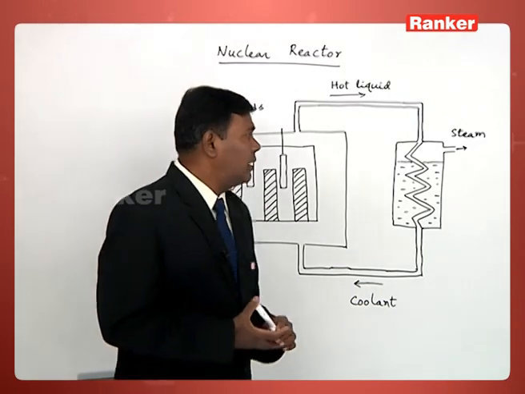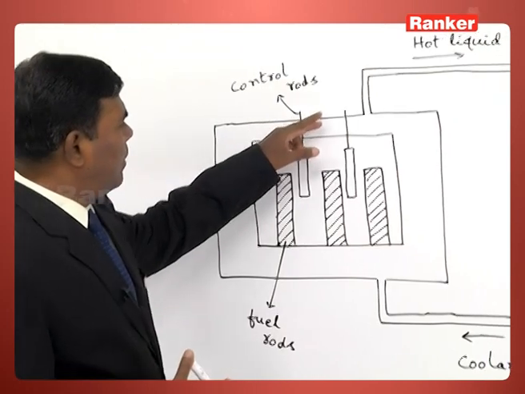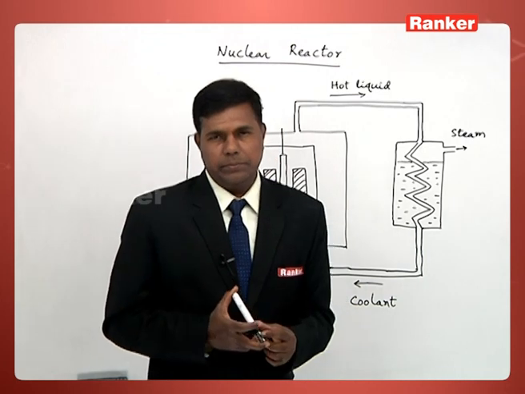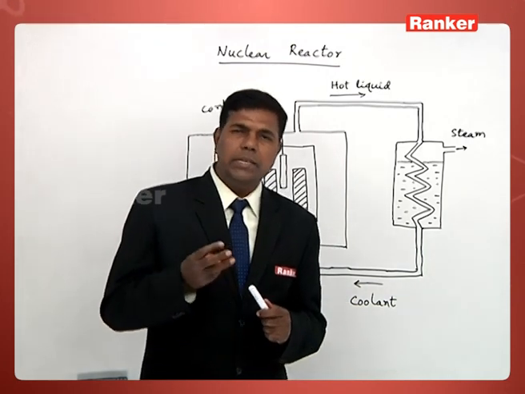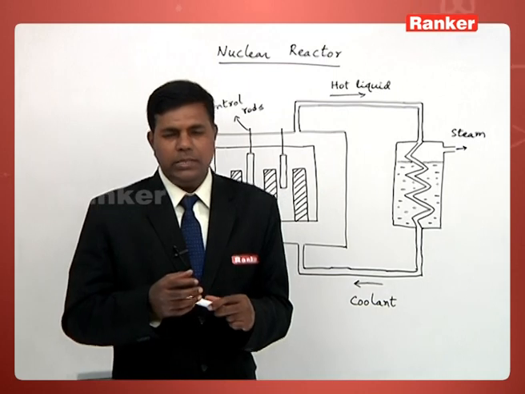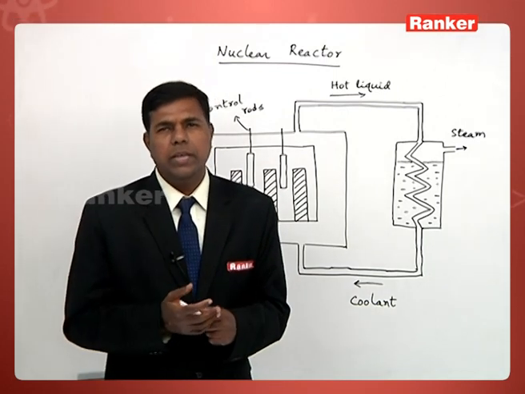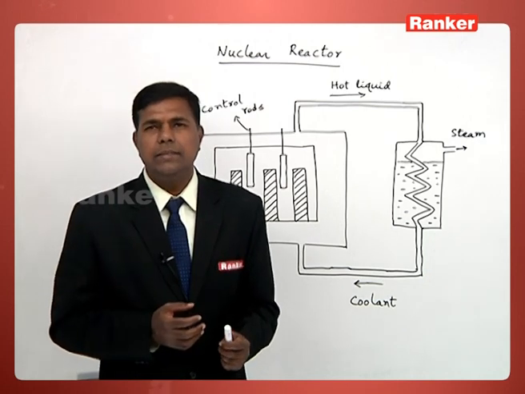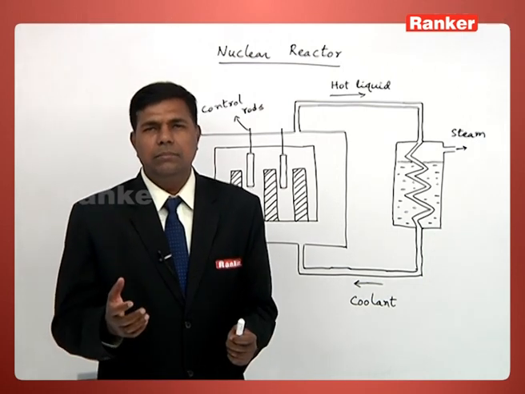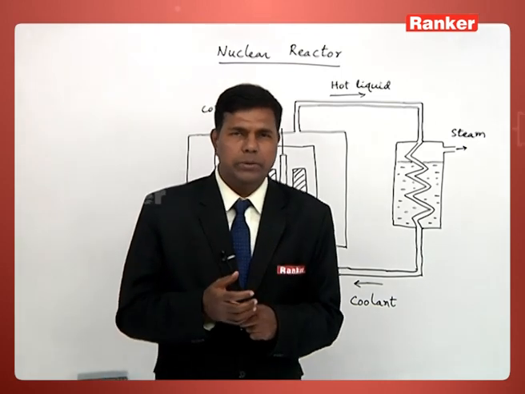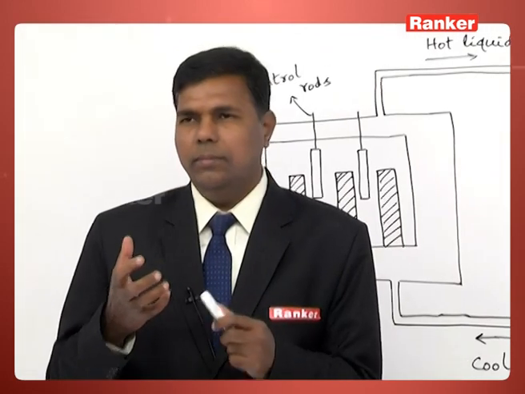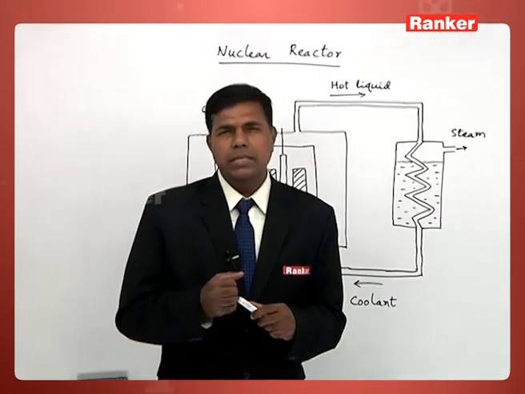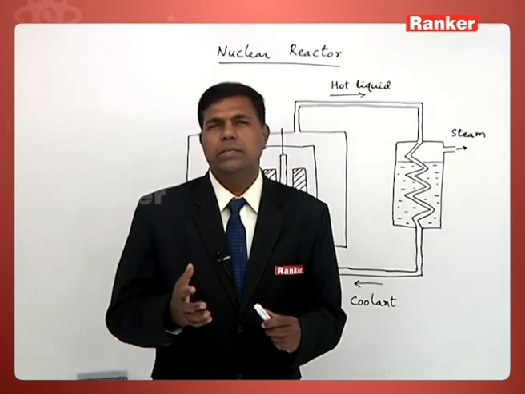Next, we have control rods. The purpose of these control rods is to control the chain reaction. See, in the fission process 3 neutrons are emitted, and these 3 neutrons may interact with 3 more nuclei producing 9 neutrons. If the chain reaction continues like that, the entire fissile material, whether uranium or plutonium, may disintegrate all of a sudden with a release of large energy in a short interval of time.